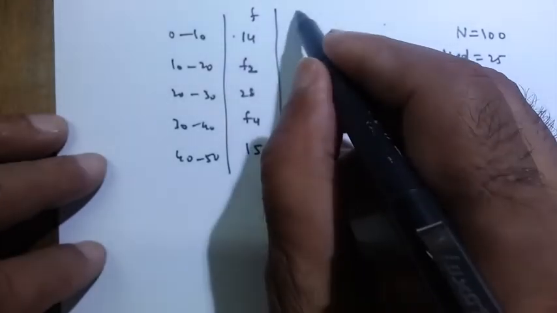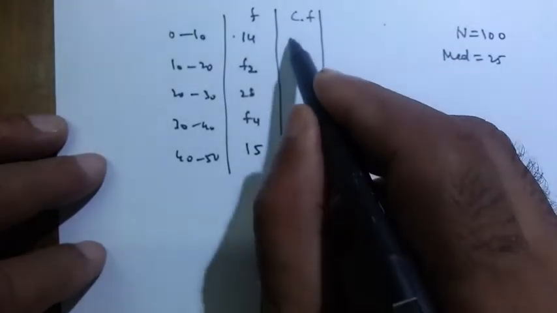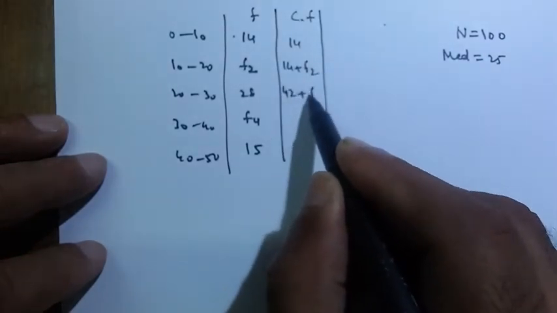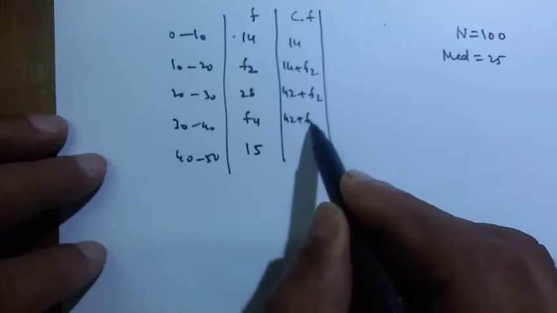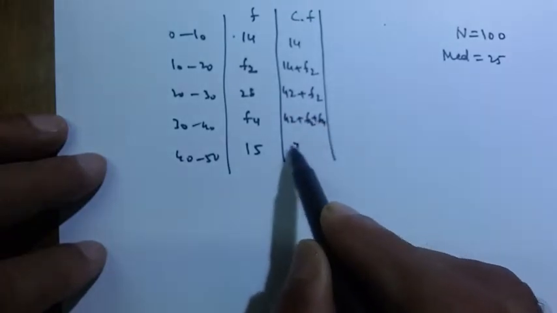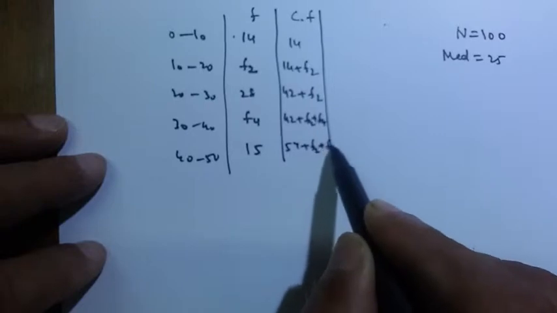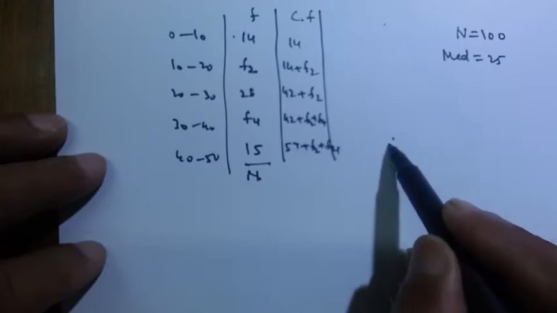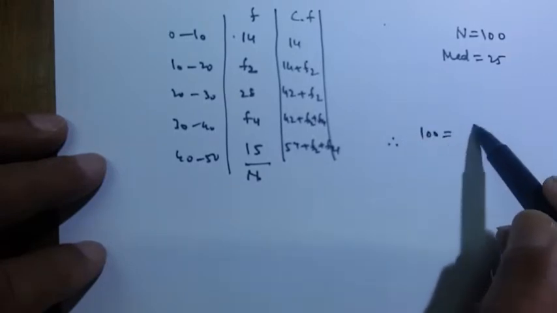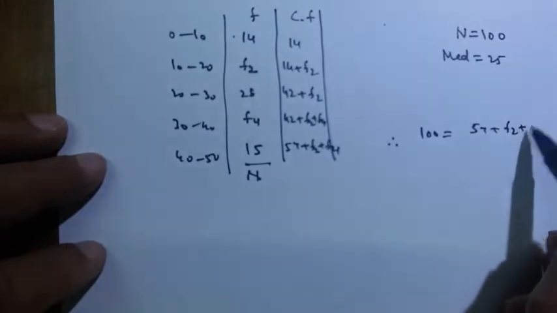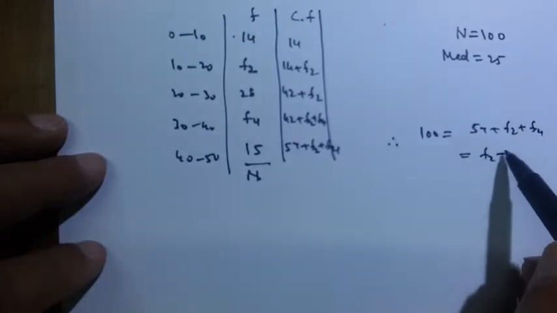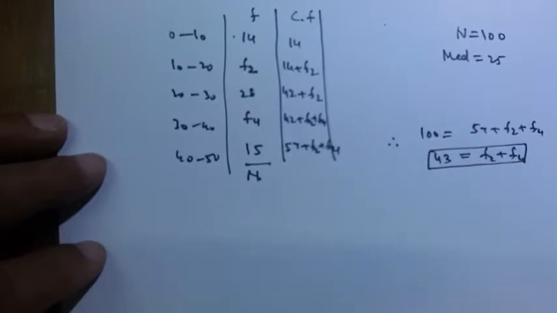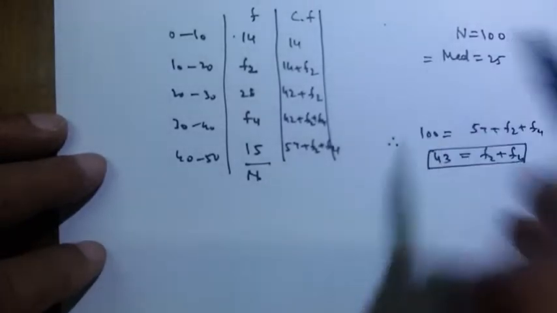So I'll find the cumulative frequency. 14 plus F2 is 42 plus F2, then 42 plus F2 plus F4, and this is 57 plus F2 plus F4, and the total is equal to n. So the first equation: 100 is equal to 57 plus F2 plus F4, so the sum of these two is equal to 43. That is one equation with two unknowns. We need another equation.